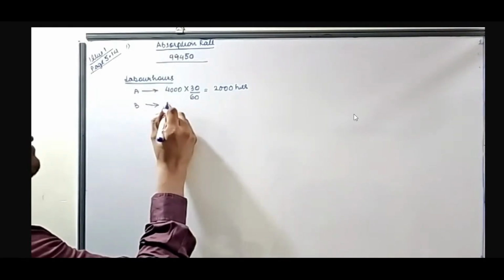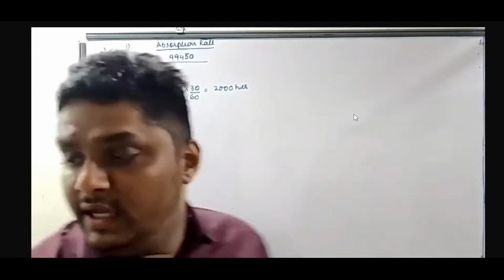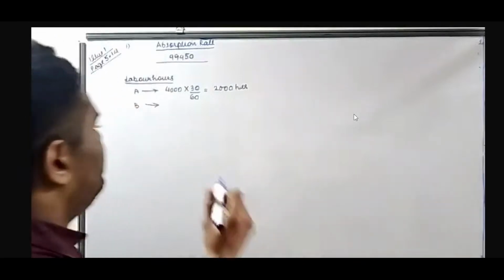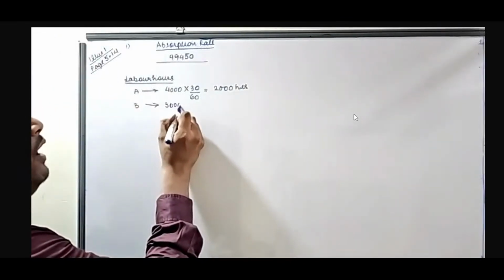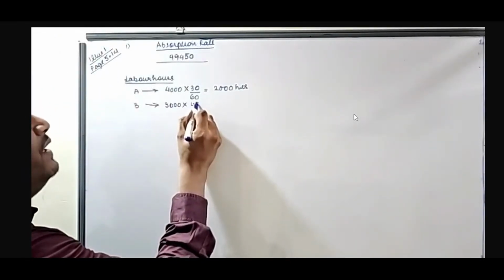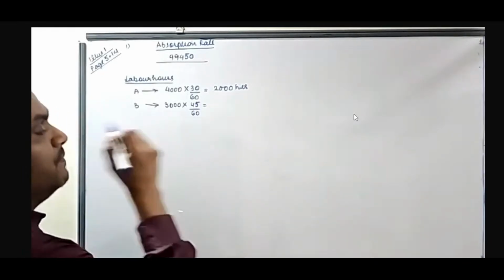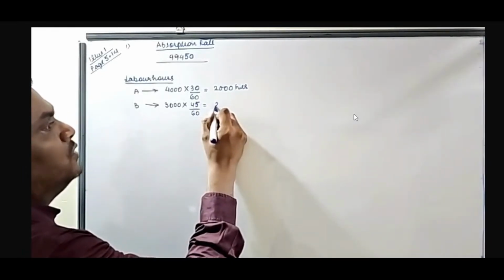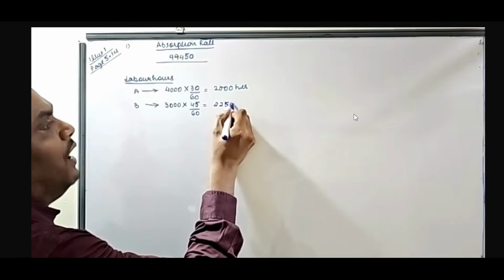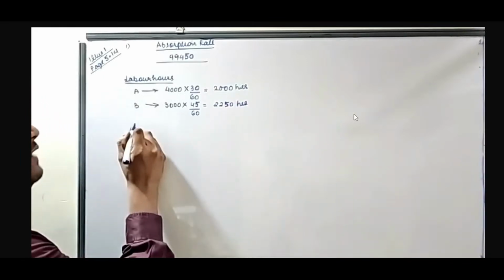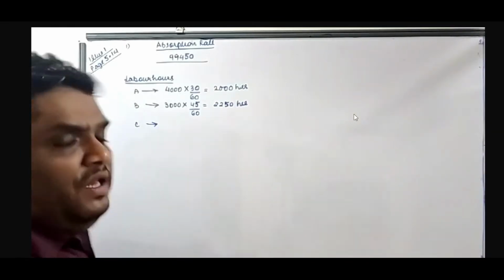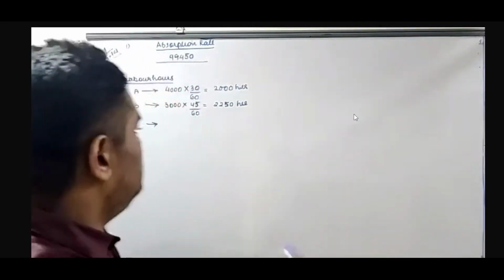So for B, how many units are they manufacturing? 3,000 units, and 1 unit takes 45 minutes. If we divide it by 60, we will get hours. So we'll get 2,250 hours. And for product C, we are manufacturing how many units? 1,600 units.